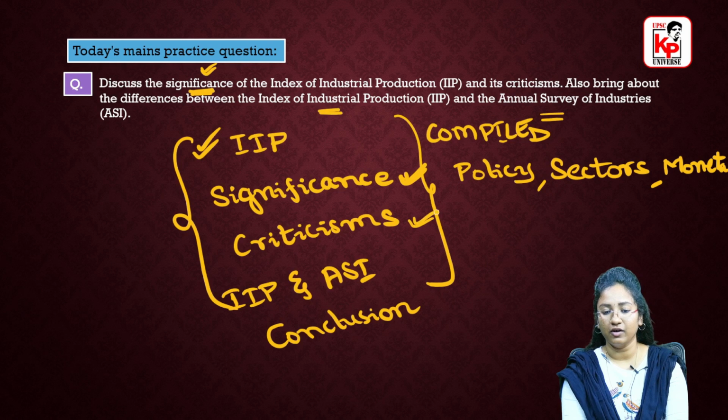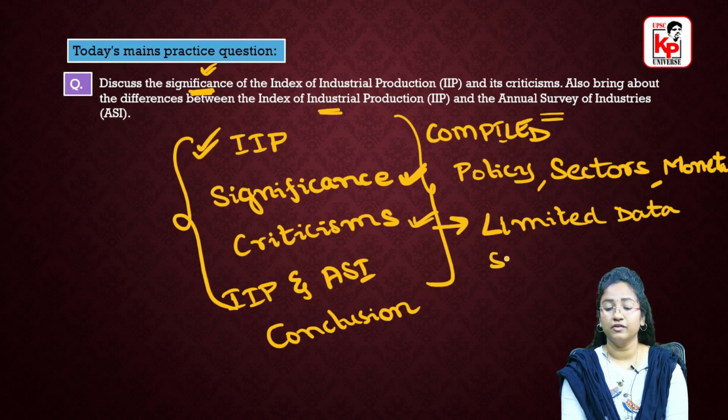But this IIP also has some criticisms. What are the various criticisms that we have? It has limited data. And also if you look at the scope of this, it has a bit of a narrow scope. All the sectors are not included.